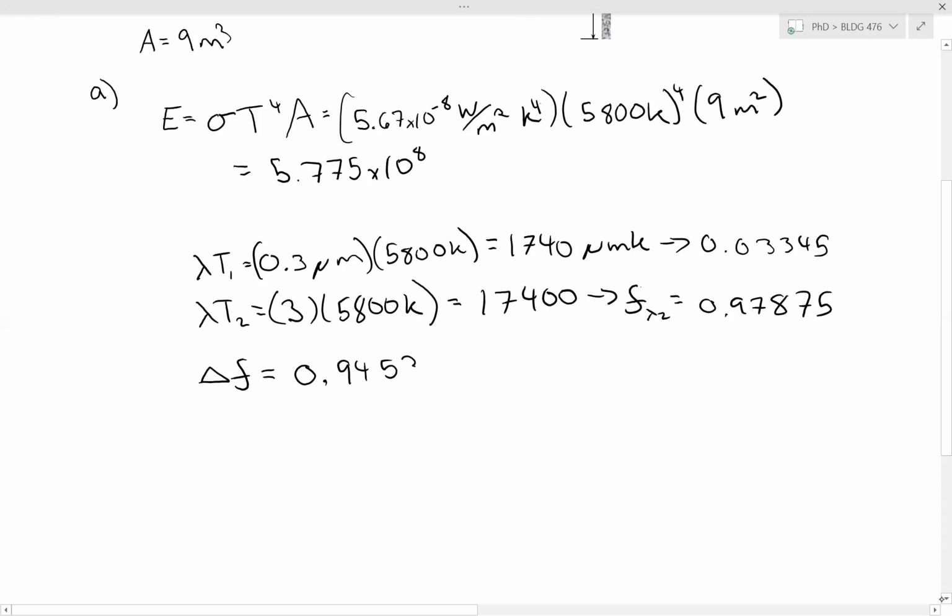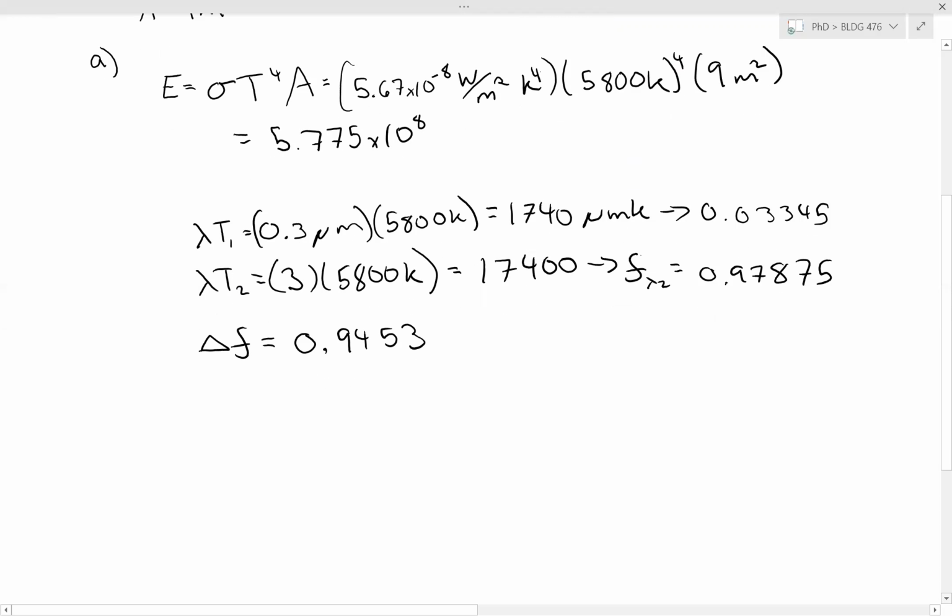0.9453. What that's saying is that in this case, most of our solar radiation from our source is in this range that's being transmitted.